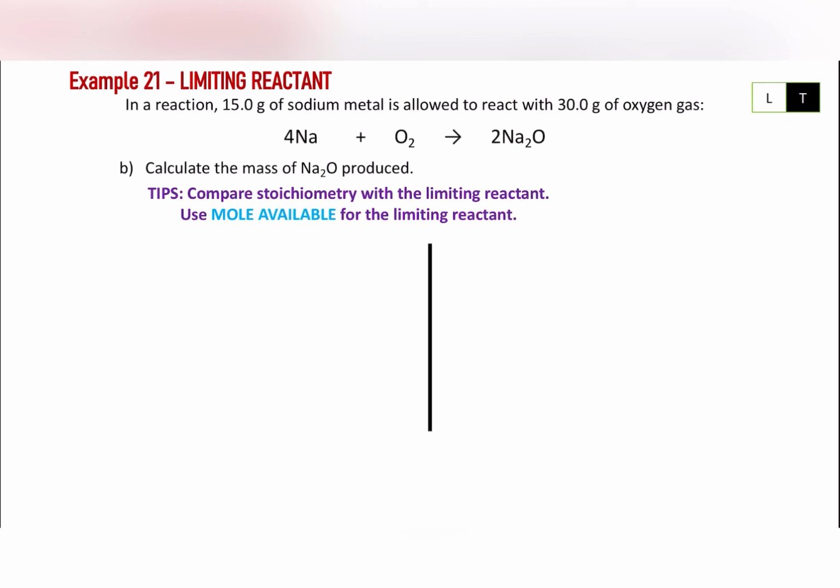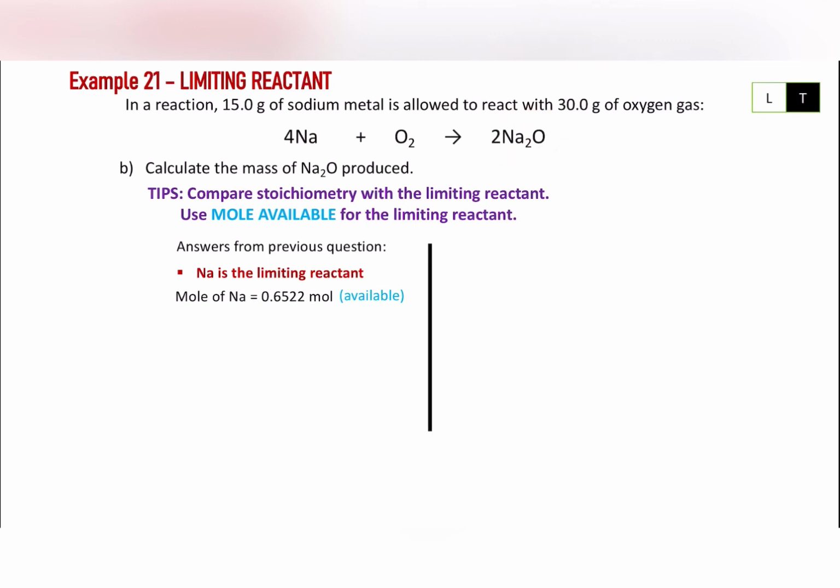My answer from the previous question, sodium is the limiting reactant. So I have mole available for sodium, which is 0.6522 mole, I'm going to do my stoichiometry between limiting reactant sodium metal with my product sodium oxide.